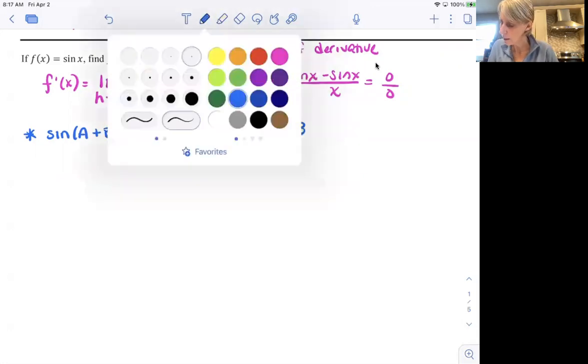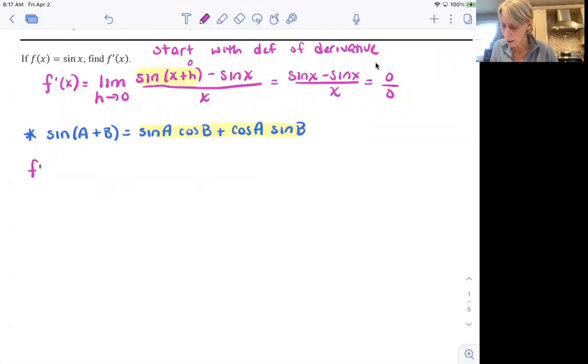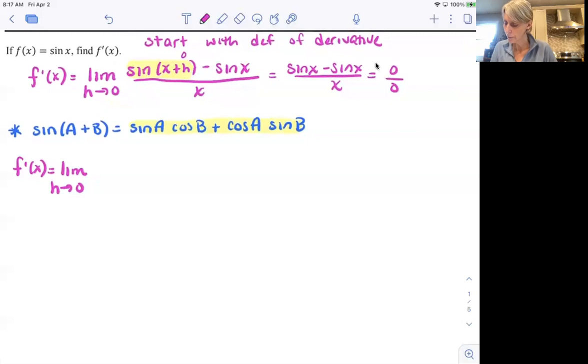So f prime of x equals the limit as h approaches 0 of sine x cosine h plus cosine x sine h minus sine x.